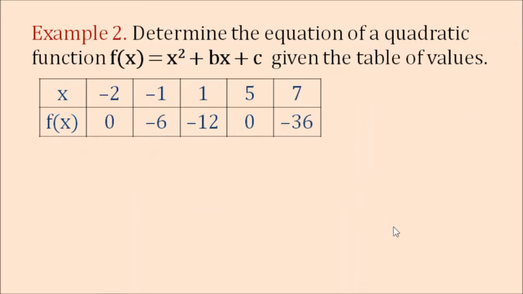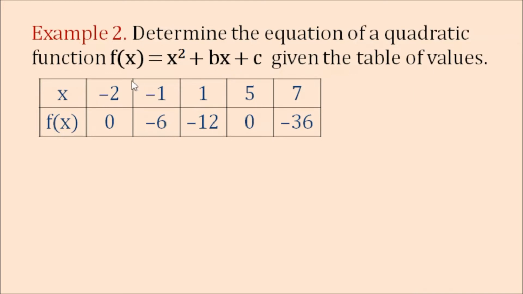Example number 2. Determine the equation of a quadratic function of the form f of x equals x squared plus bx plus c given the table of values. And this is the table of values. Again, we are going to find the values of b and c.